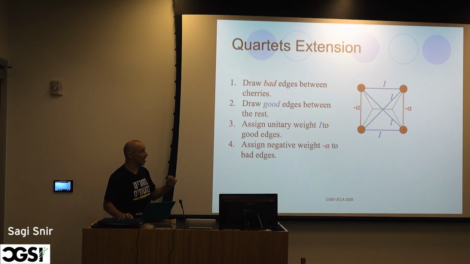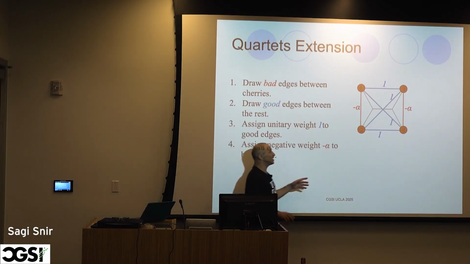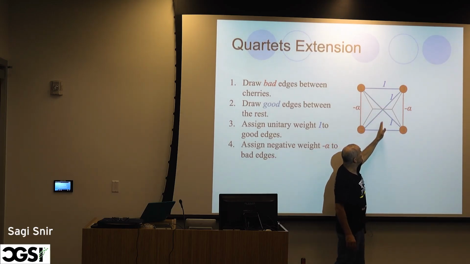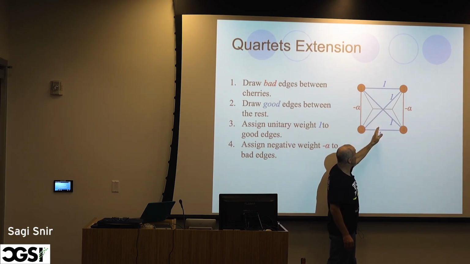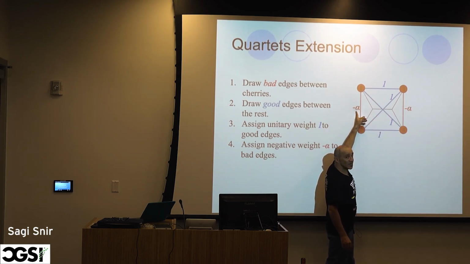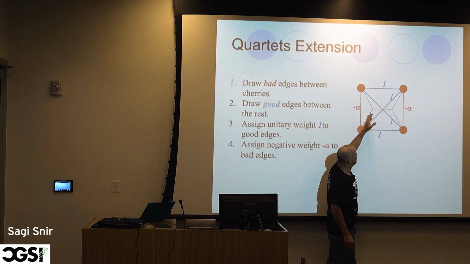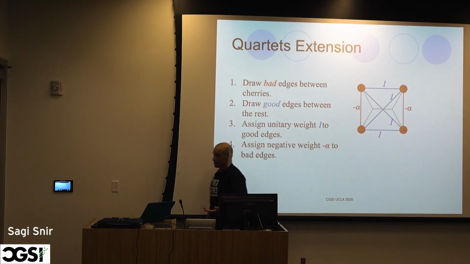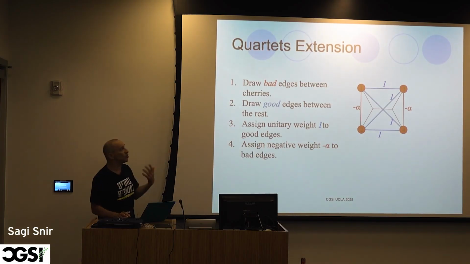We do want to cut the blue edges. In the ideal case, the cut will be here, vertical, no bad edge is cut, and all good edges are cut. But this is the ideal. We cannot guarantee that for all the quartets.